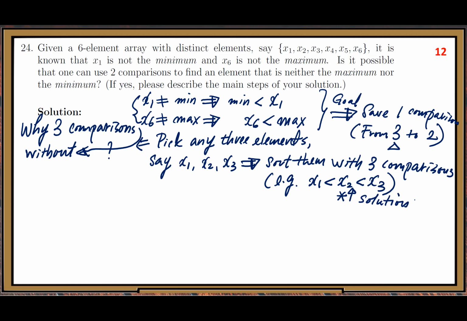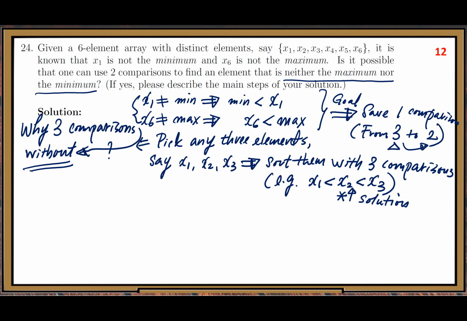Not the maximum, not the minimum, because we need to find the element that is neither the maximum nor the minimum. But that's without the given information. Here we add the given information. We want to reduce the number of comparisons from 3 to 2. So now you understand the background of this question.